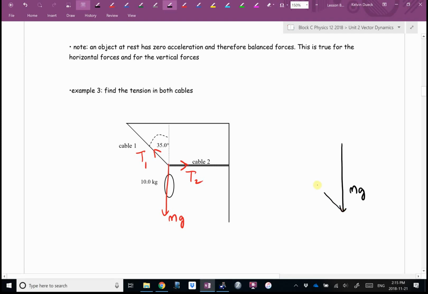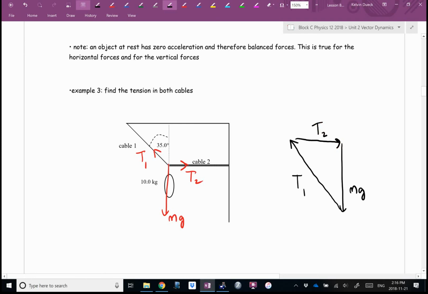If I stop drawing right here and then go straight horizontal, because this one is straight horizontal, did that get me right back to where I started from? Tell me when to stop drawing cable 1. That's going to be tension 1. And here is tension 2 coming right back to where I started from.